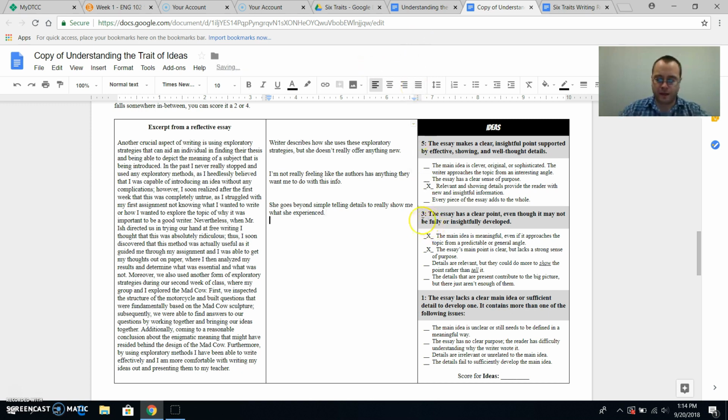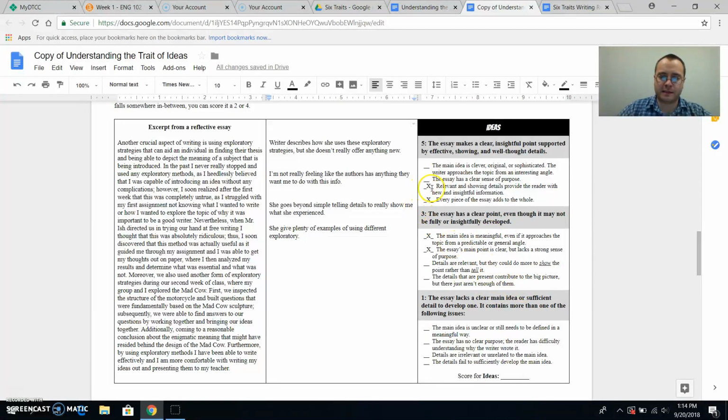Okay, and then I would mark this one right here as well because she gives plenty of examples of using different exploratory strategies, right? So she doesn't have any lack of details.